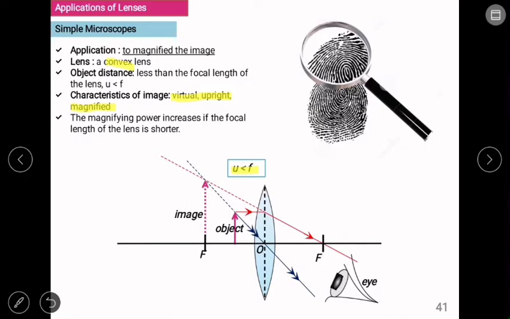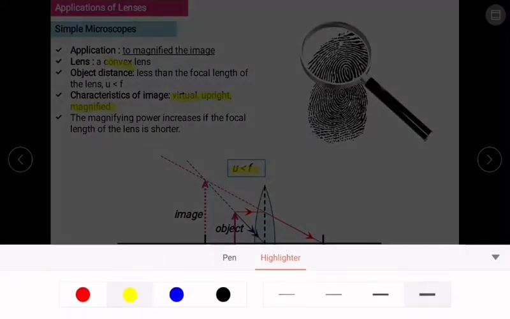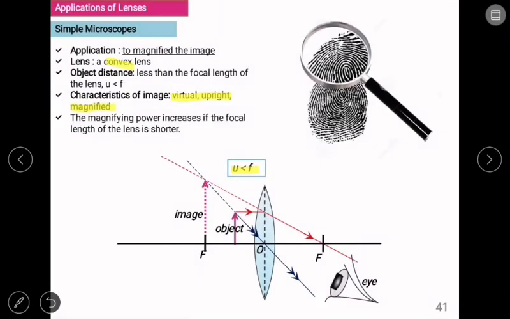Now, what happens if we were to reduce our focal length? If our focal length is reduced, it will increase our magnifying power. Alright? When F is less, our power will increase.